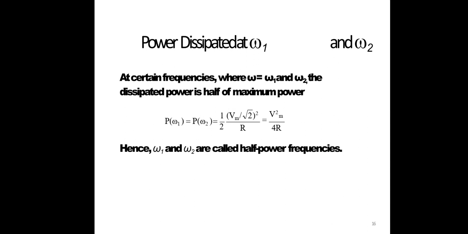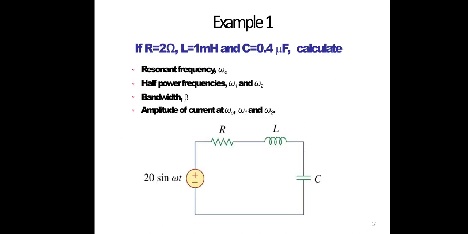Therefore P of omega 1 is equal to P of omega 2, which is half into the power we already know, Vm by root 2 whole square by R, which is equal to Vm square by 4R. Hence omega 1 and omega 2 are called the half power frequency points, right? So maximum power should be transferred generally. Here you take Vm square by 4R.